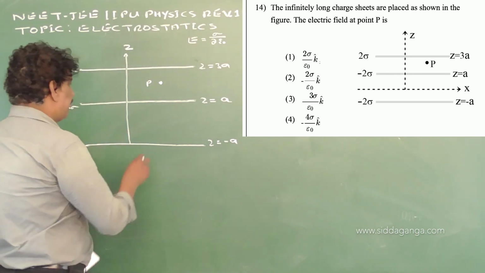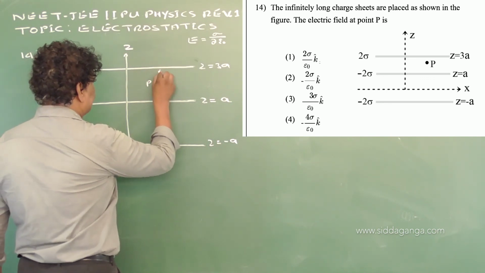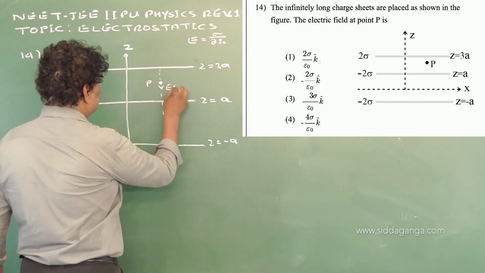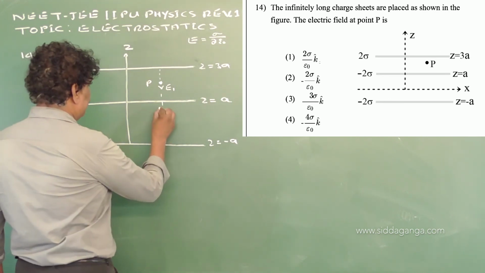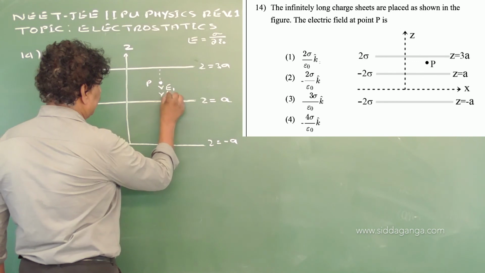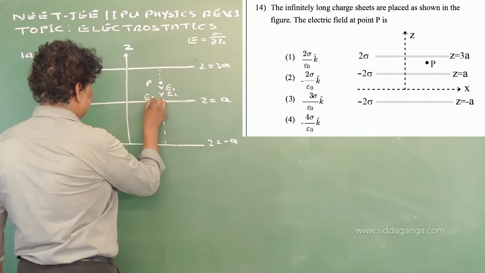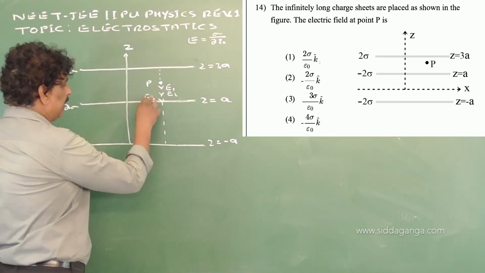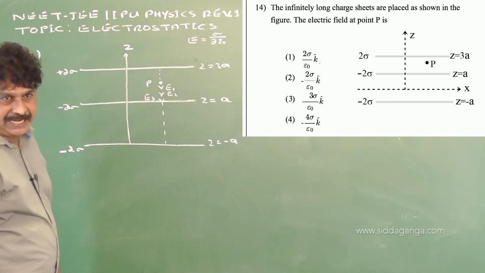So here the electric field due to the charges is directed away from the charge, E1. Now this is E2 directed towards the plate, and again E3 directed towards the third plate. So E1, E2 and E3 are in the same direction.